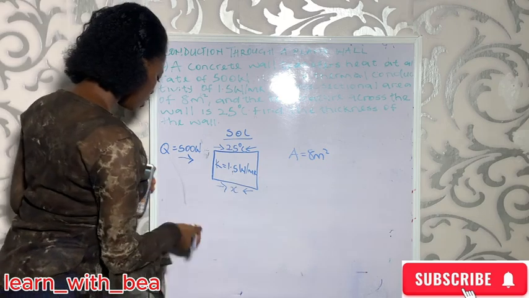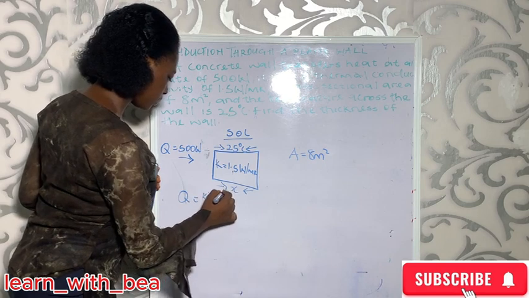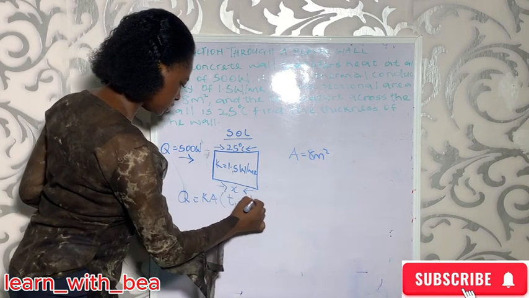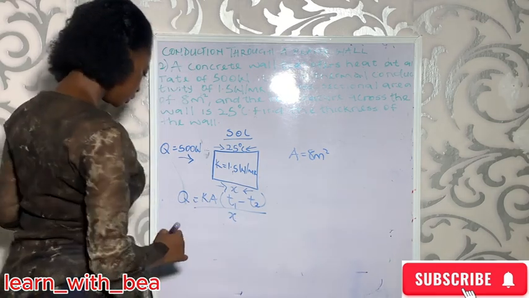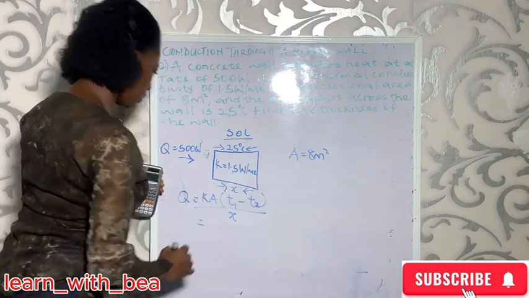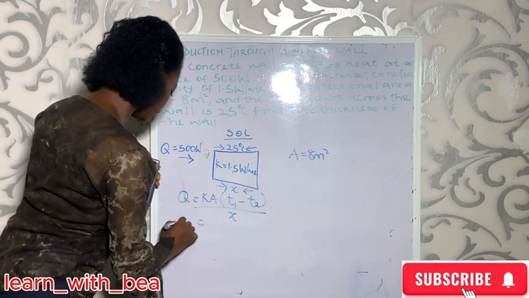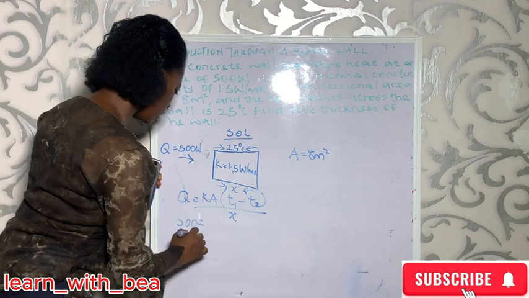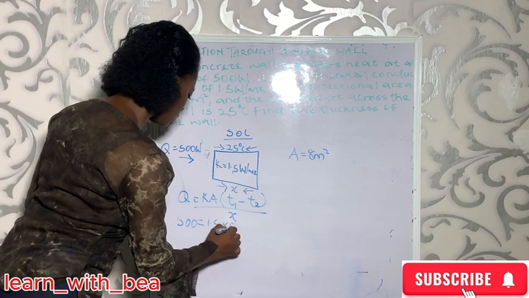So we know our formula, which is Q equals K A (T1 minus T2) divided by X. What's our K now? We have our Q, which is 500. We have K, 1.5. Should we have area? Yes, 8 meters square.